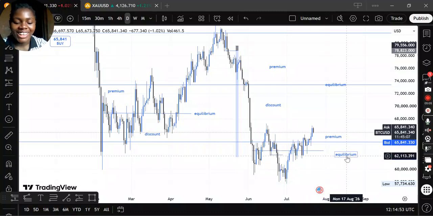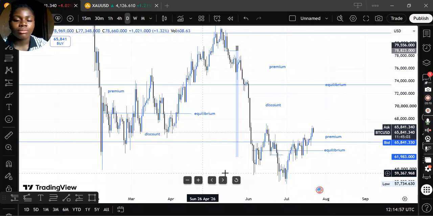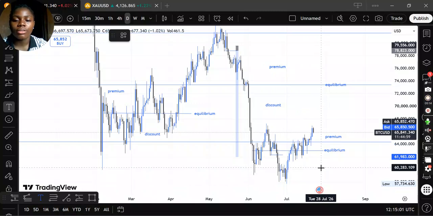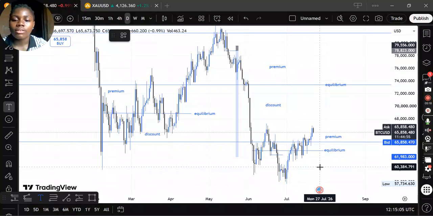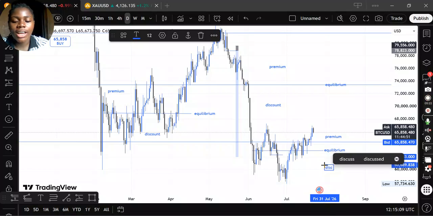So yeah, I think I'm correct. Equilibrium. And then we have the discount area, discount.